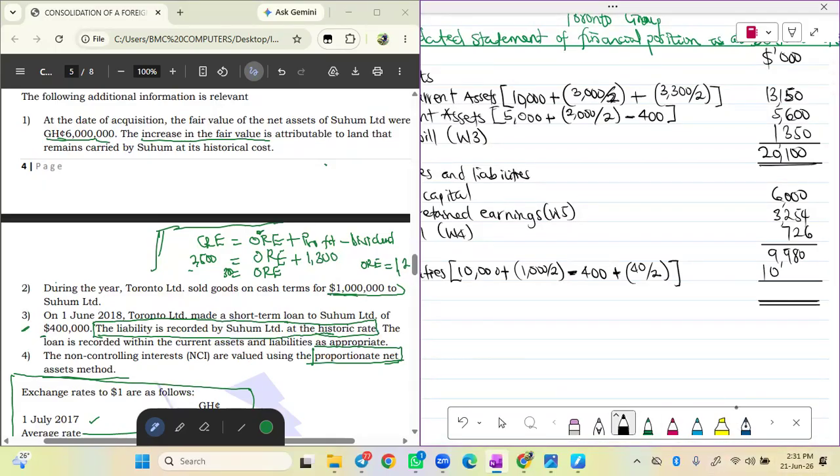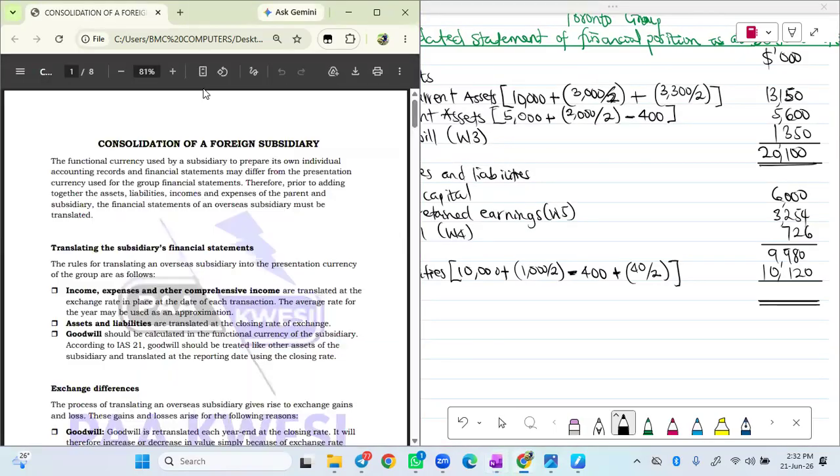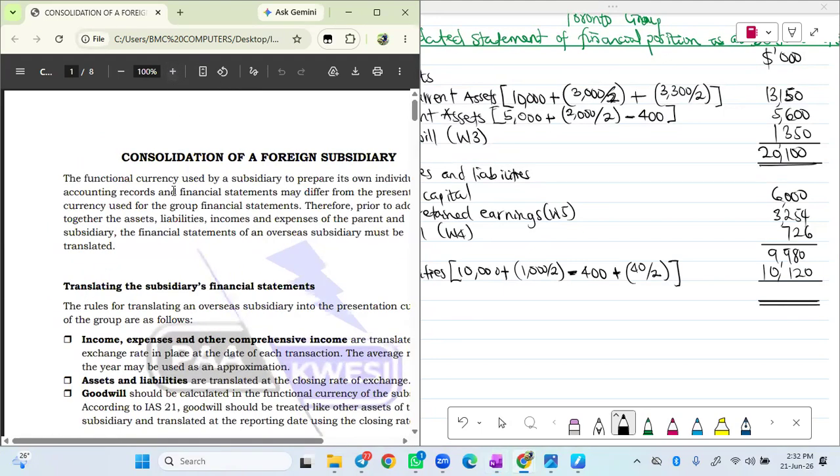So what will be the total equity and liability? $2,100.